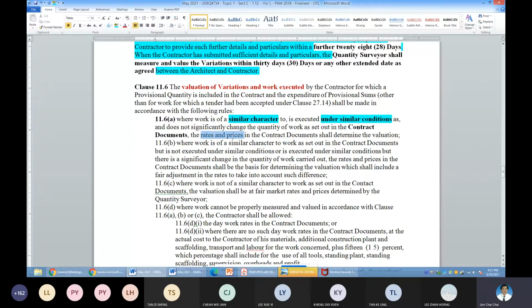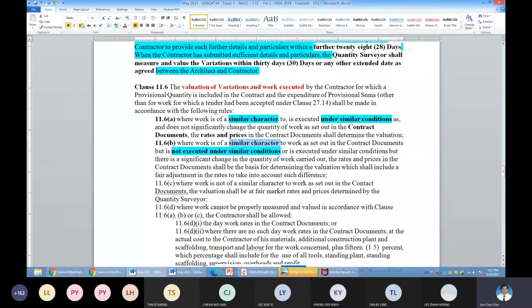And 11.6b, okay, the works are of similar character and not executed under similar condition. I have to explain further for you. Okay, so please differentiate between the terms character and condition.